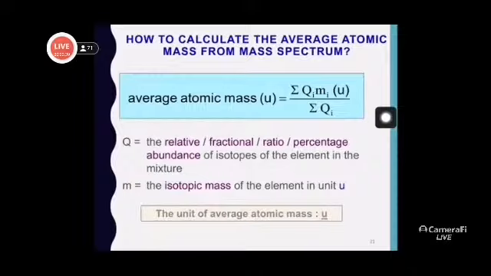Kalau dia suruh kira, normally dia suruh kira dulu average atomic mass and then later relative atomic mass. Jadi untuk bahagian average atomic mass, pastikan your final answer ada unit, and then for the relative atomic mass pastikan there is no unit.